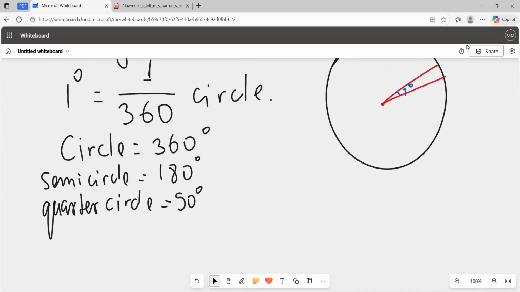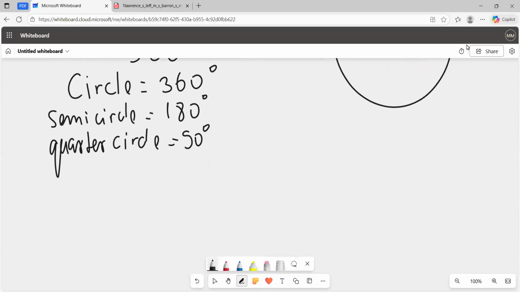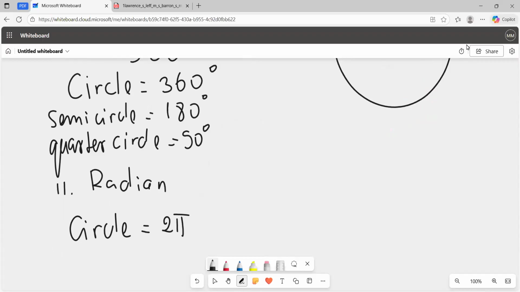And the second is radian. A circle, in this case, is 2 pi radians.